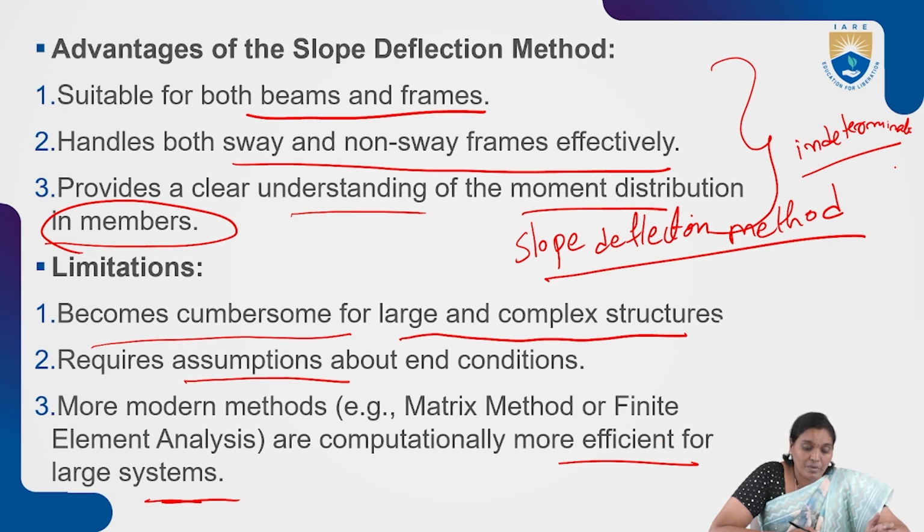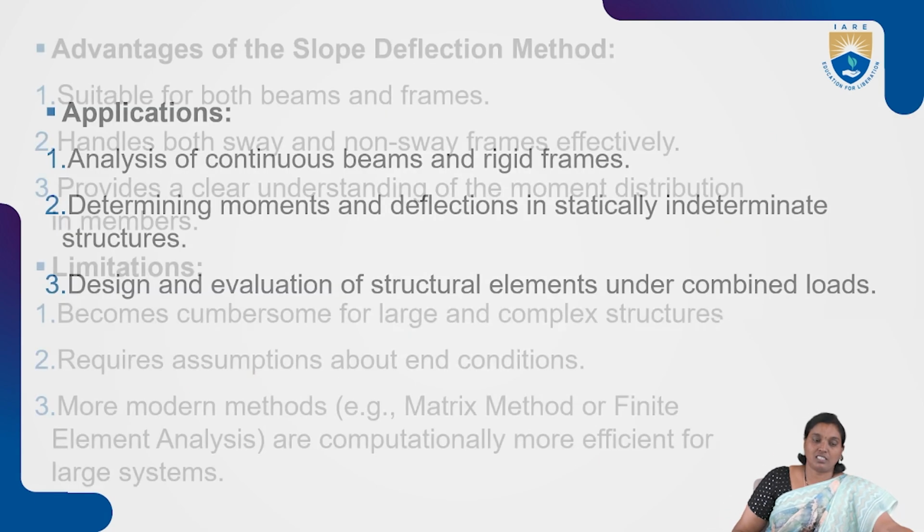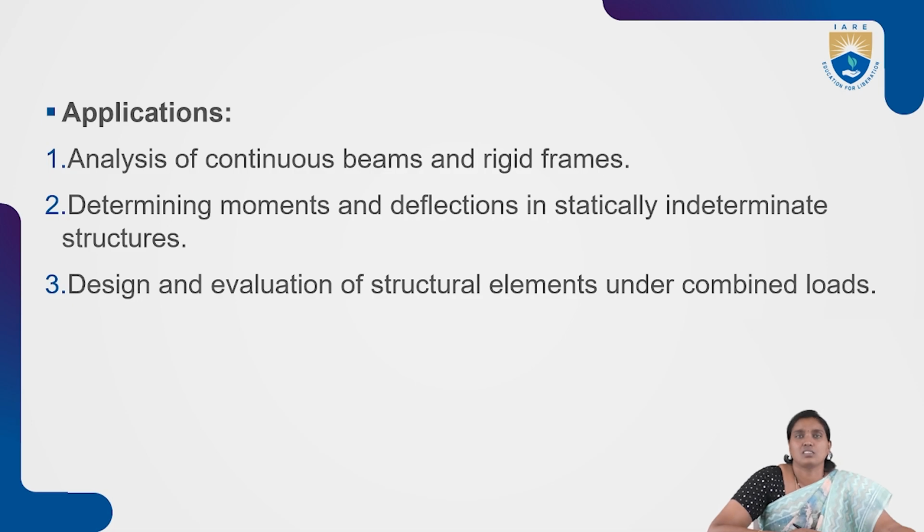These are the limitations we understand, the major assumptions and major limitations which we consider for the slope deflection method along with its advantages. We are going to apply it according to the advantages and limitations.